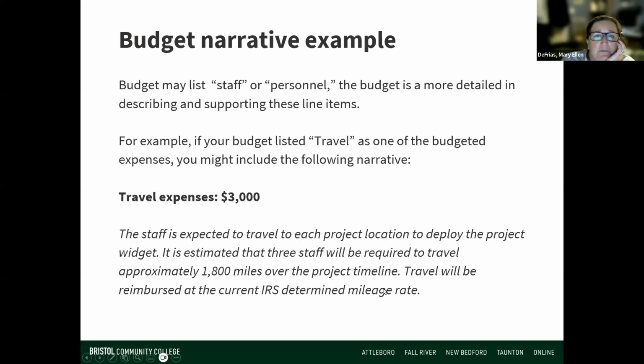I've got an example here. This is for a grant that somebody had written, and the travel expenses were $3,000. This is how they came up with $3,000: 3 staff members have to drive this many miles, and they're reimbursed at the IRS rate. It would be the same thing with utilities.